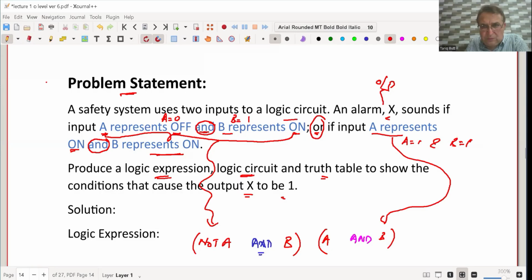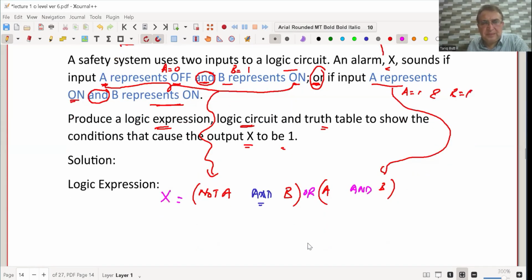And then you have to connect them through what? Through OR. So in between, this is the OR operator, and that is X. So this is the logic expression that you built from the problem statement which is given to you. I hope it is clear.